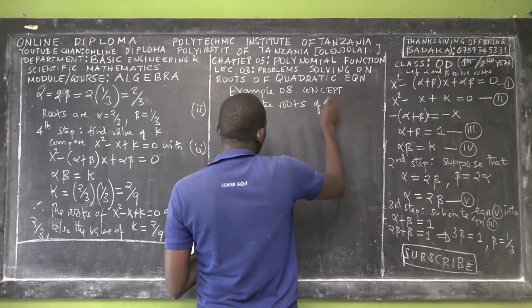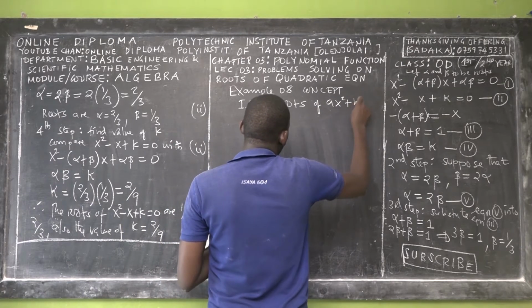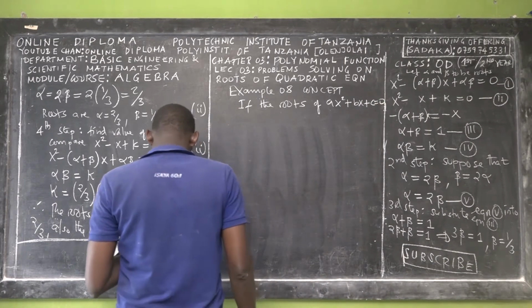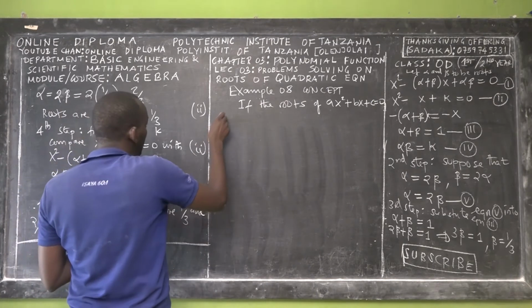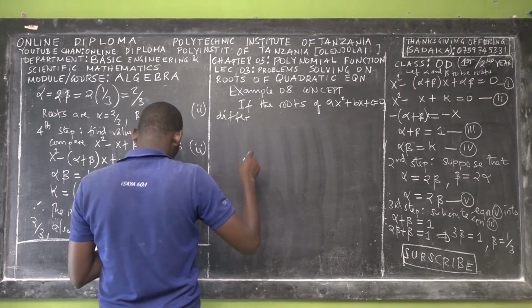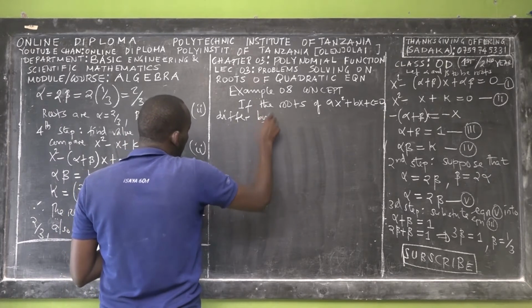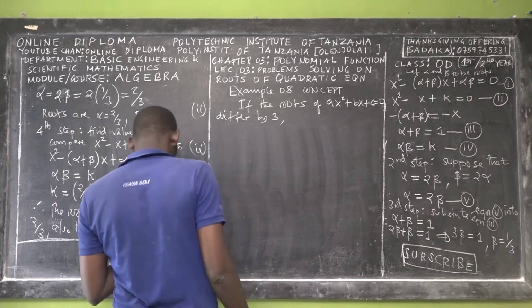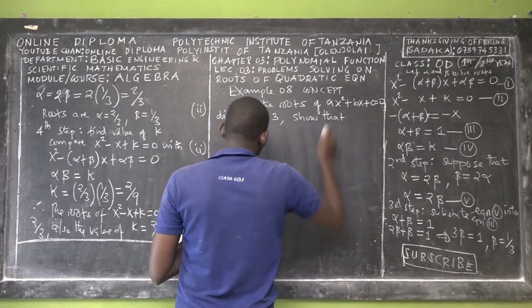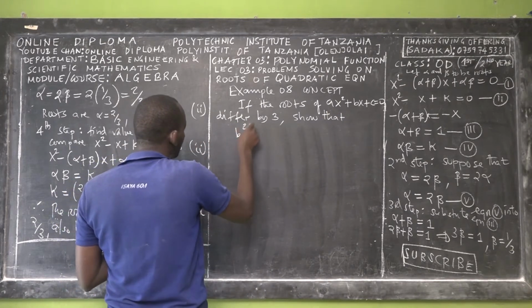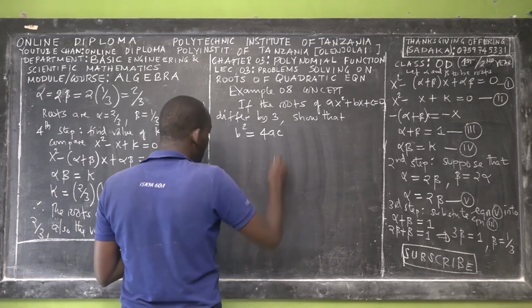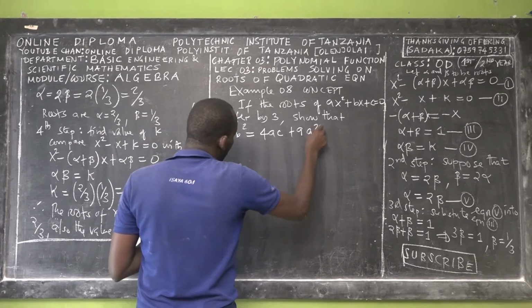If roots of ax squared plus bx plus c is equal to 0 differ by 3, show that b squared is equal to 4ac plus 9a squared.